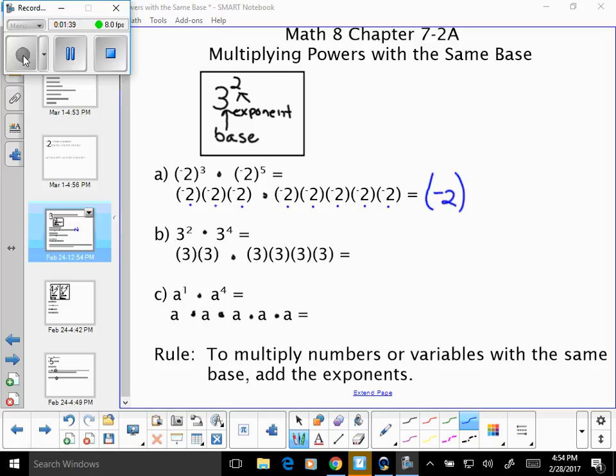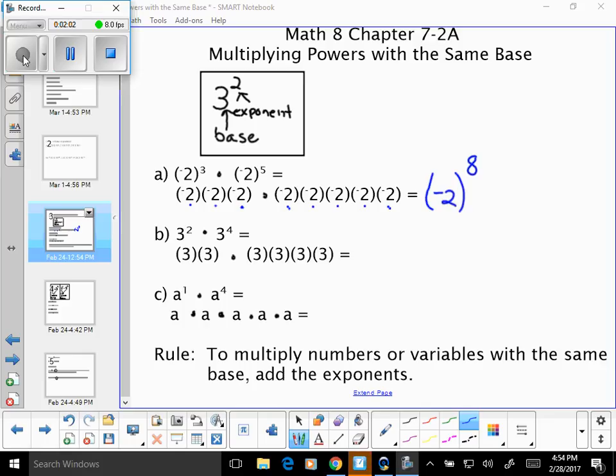So make very sure that if you see the base number inside parentheses, you keep it inside parentheses. Now, if we look at what we really have here, we have -2's. We have 1, 2, 3, 4, 5, 6, 7, 8 of them. So our exponent is going to be 8.